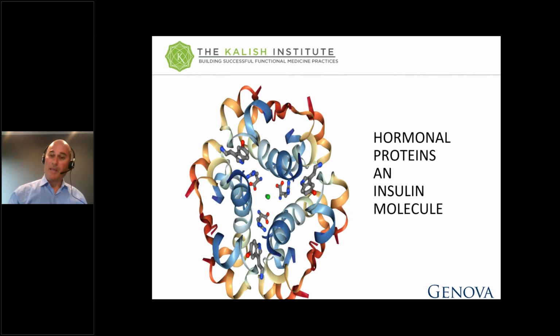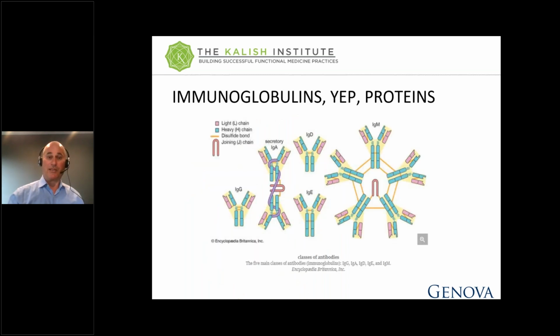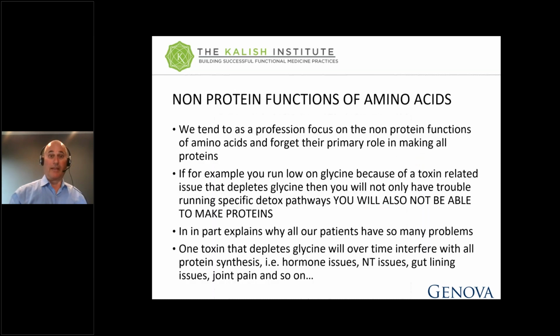So if you can't make proteins, your insulin levels are going to be challenged, right? You're not going to be able to make it as adequately as you might otherwise. If you can't make proteins, immunoglobulin production will suffer, and so your immune response will not be what it should be. And if you want to make a lot of antibodies, you need a lot of amino acids to do that.